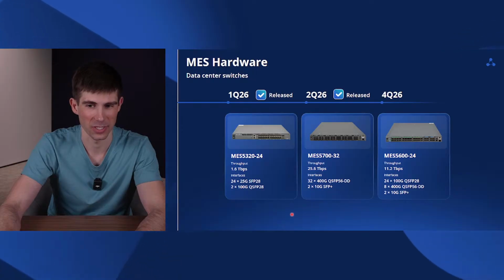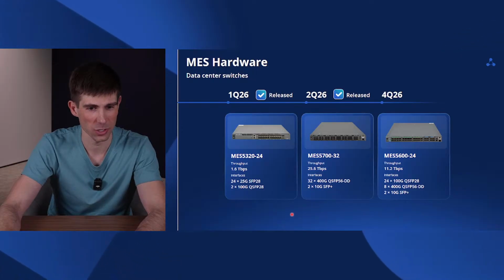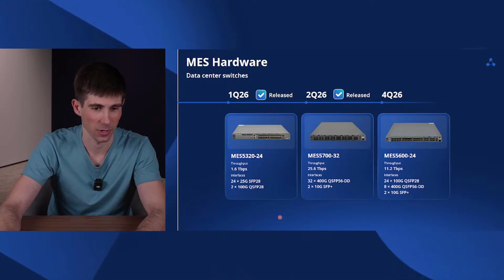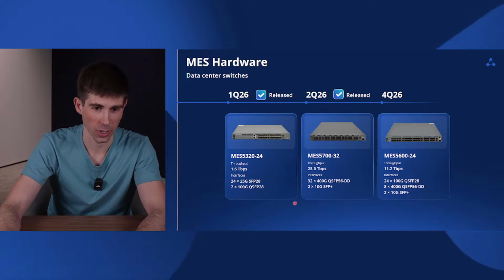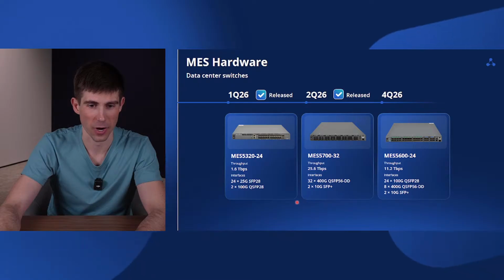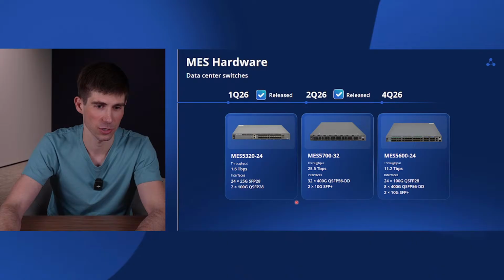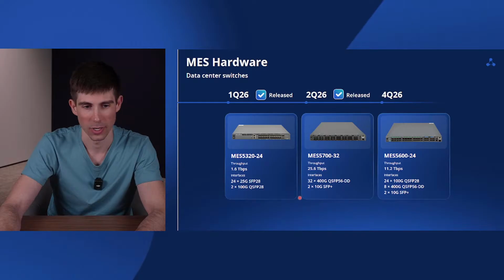It's a data center core switch, and it has two 100-gig uplinks. So quite common. It won't be used in spine-leaf IP fabrics as much, but for the data center, it's a really good choice with 24 interfaces.